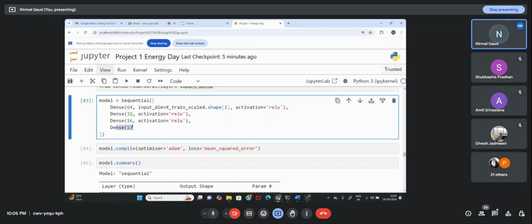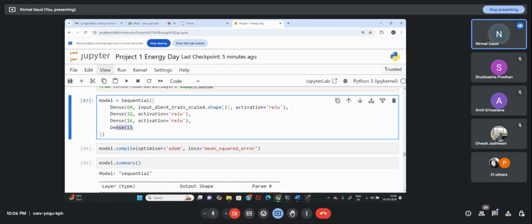See, architecture development in deep learning is a subject of expertise. It's a subject of your practice. I am giving you this architecture, you can build any other architecture which may show better results. So, here in case of deep learning, it's not fixed.